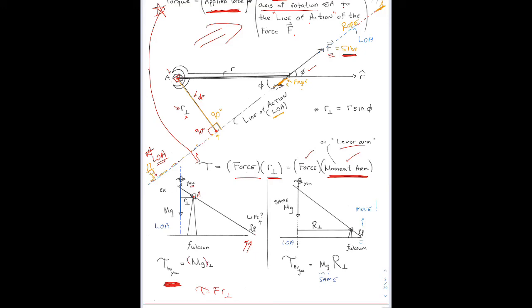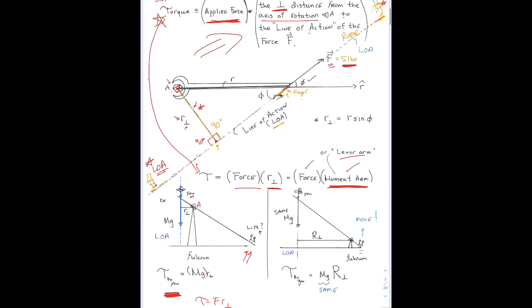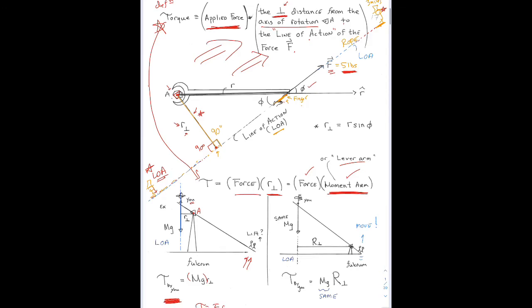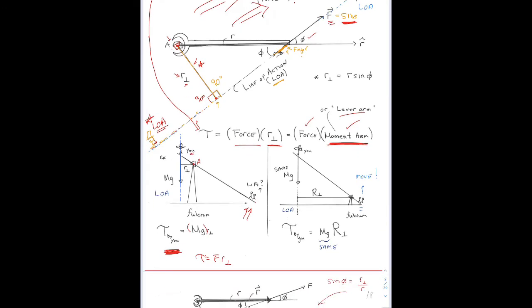And then your moment arm, remember, that's the perpendicular distance from the axis of rotation to the line of action of the force. Well, here's your line of action. So you have to draw a perpendicular line from the axis of rotation, that's that red dot there, out to the line of action. So right there, that's your moment arm.